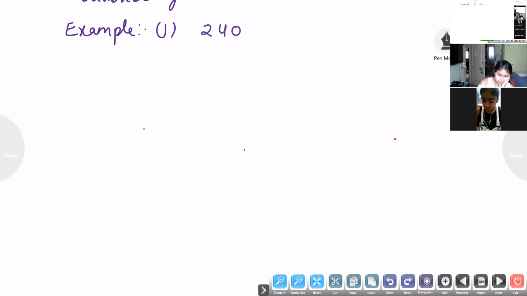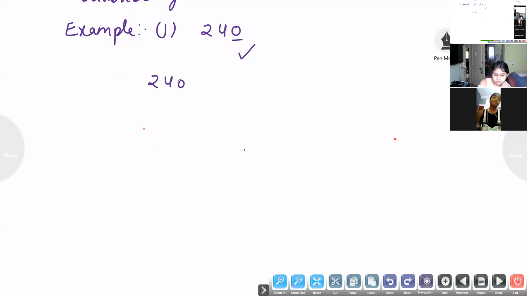I want to check 240 is divisible by 2 or not. Yes. Why? Because once a place a digit is 0. If once a place a digit is 0, then I can say this number is divisible by 2. Next, again I want to check this number is divisible by 3 or not. Yes. 2 plus 4 plus 0, 6. 6 is coming 3 table. Then I can say this number is divisible by 6.